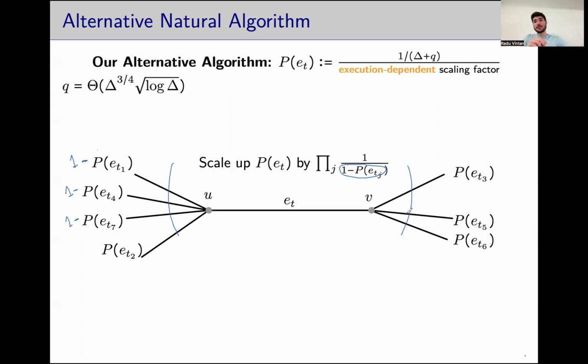So the scaling factor our algorithm will use is going to be exactly 1 divided by this product. But again, notice this product is not a number, it's not deterministic, it's a random variable. So if you run the algorithm again, you might scale up by more or by less, because this piece might change. And to carry this point across, because this might be confusing, let me show an example.